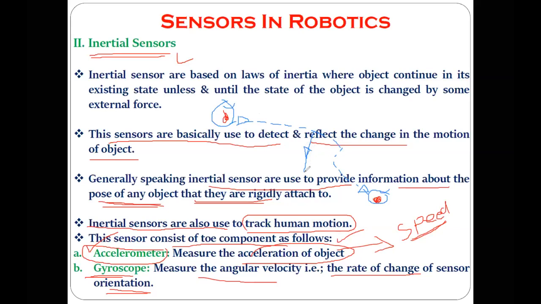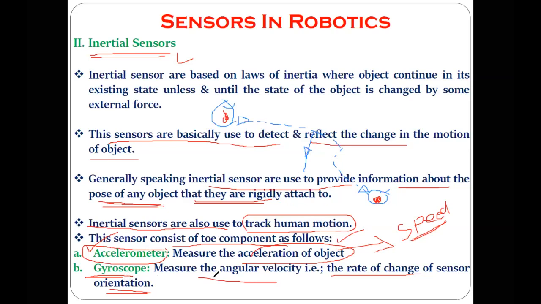Then automatically your GPS gives you a notification that you are going in the wrong direction. Your map gives you the notification that you are going the wrong direction. Yes or no? Yes, sir. How does this happen? This happens with the help of the gyroscope.